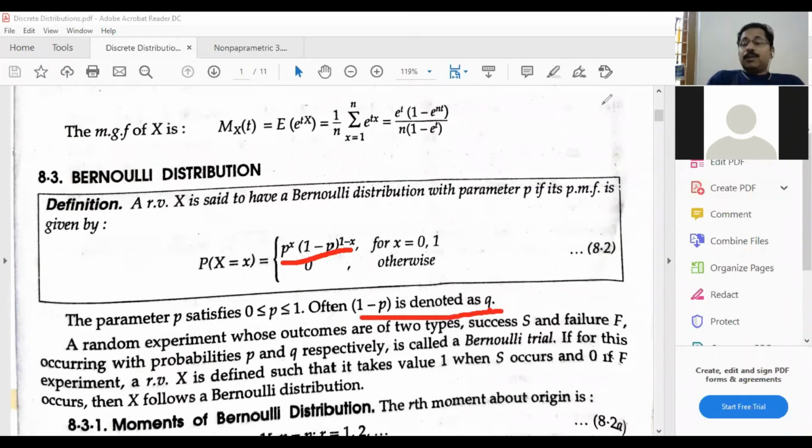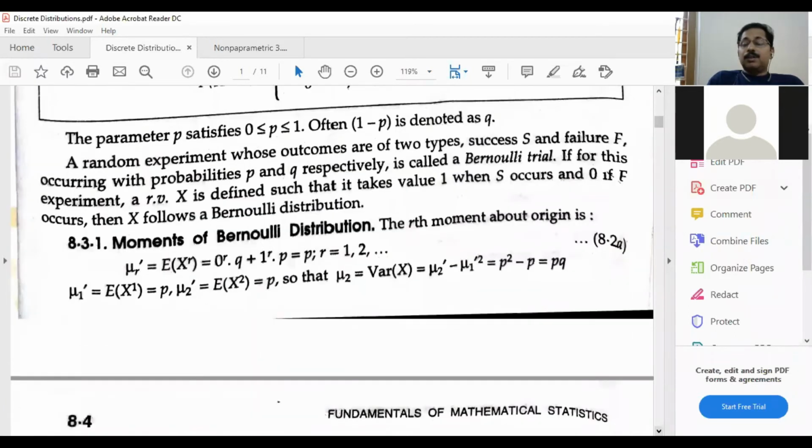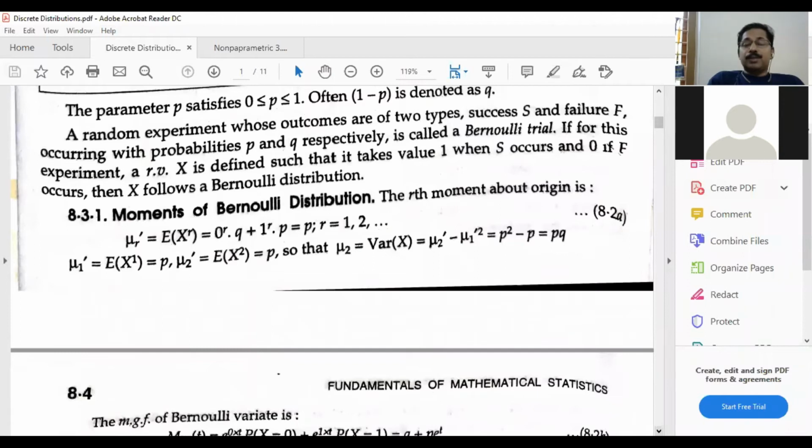Now we can check the moments, or its mean and variance of this distribution. What about the mean and variance? For that, you have to find out its raw moments. Mu r dash is expectation of X raised to r. So what about the rth moment of Bernoulli distribution? Here X will take only two values, 0 and 1.